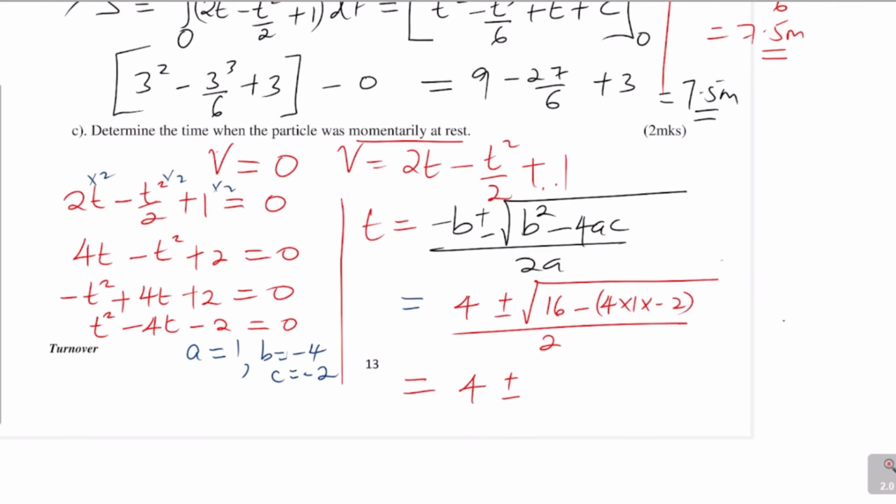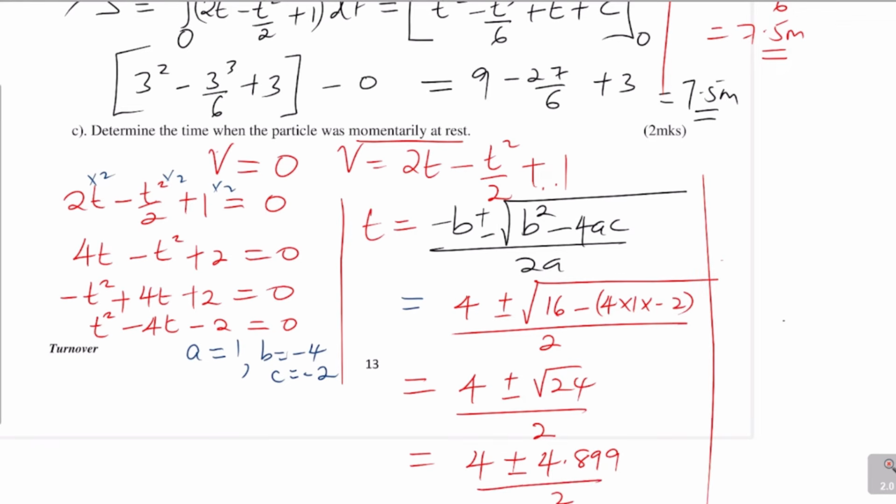This will give us 16 minus negative 8, so that will be the root of 24, and then divided by 2. The root of 24 will be 4.899, divided by 2.